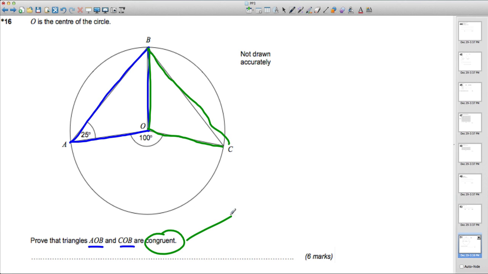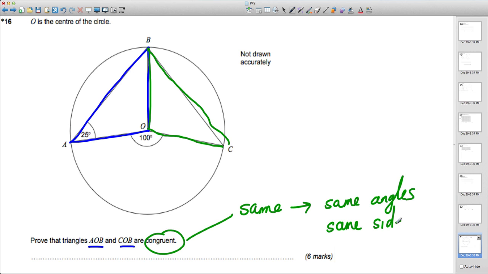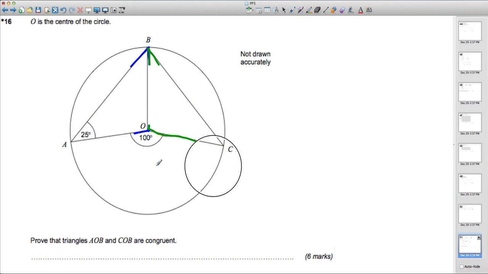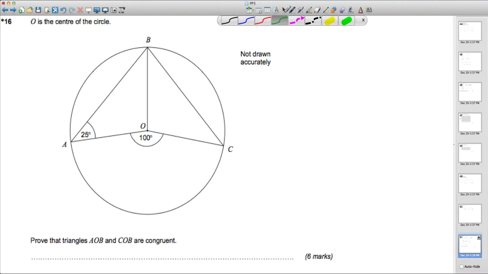Now congruent means the same, exactly the same. So that means same angles, same sides, same lengths of sides. We need to show that all the angles are equal and all the sides are the same.